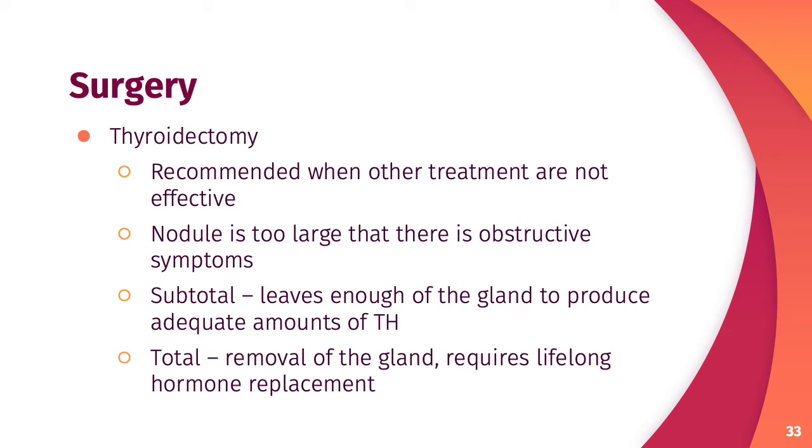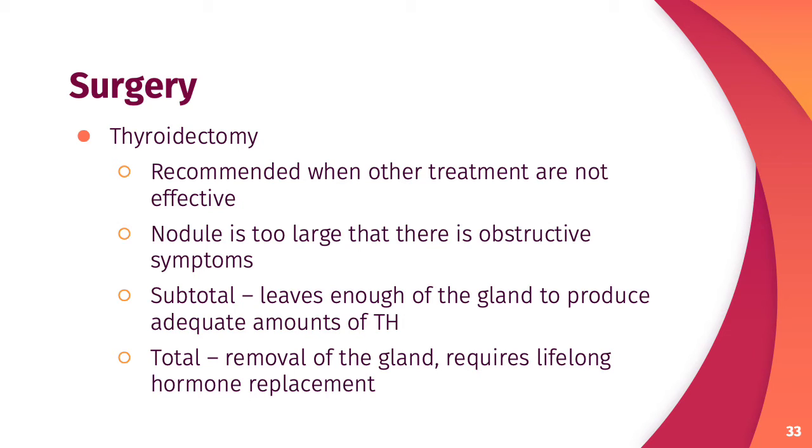Surgery would be thyroidectomy, removal of the thyroid gland. This is recommended when other treatments are not effective, and or if the nodule is too large and there are obstructive symptoms. By obstructive symptoms, it would mean there is already pressure in the esophagus or trachea that causes breathing or swallowing problems.